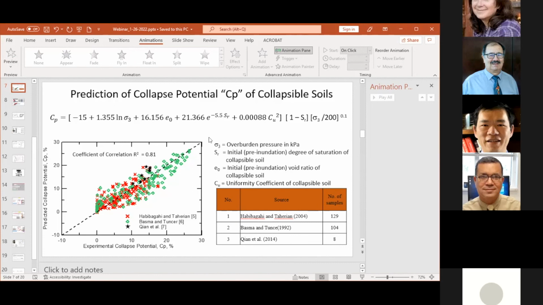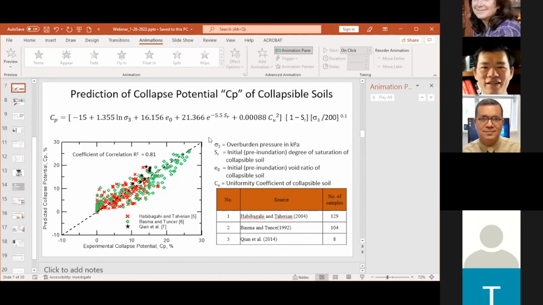Another thought process is, we're doing some neural networks. In your case, I think again, this equation may not be the final answer. It's just a very good solution. I know neural networks are really good at developing predictive models based on noisy data.